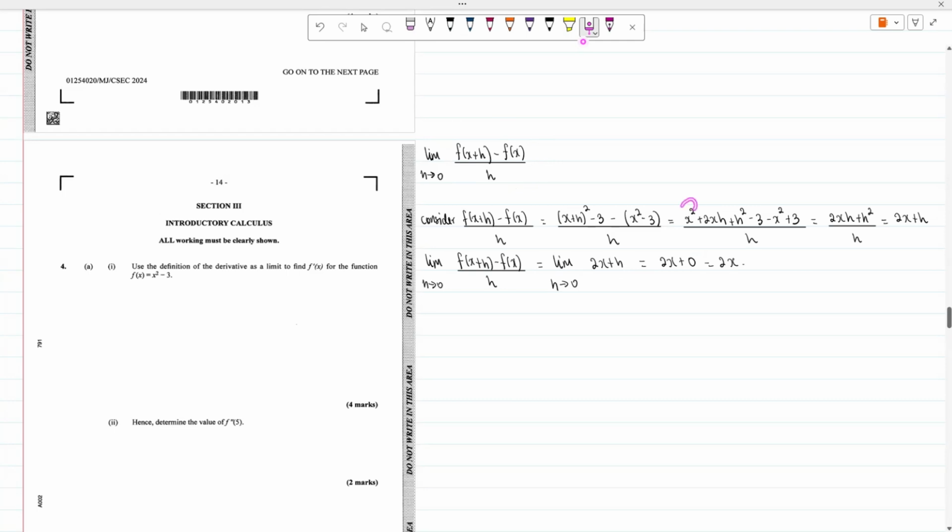If you realize, this doesn't have h in it, and this is minused out, so it disappeared. The terms with h survive. 2xh and the h squared are the only two terms that survive. When we divide by h, this h is cancelled with each of the h's on top.